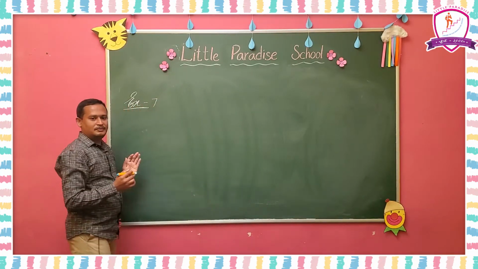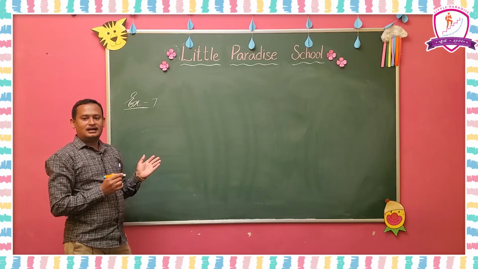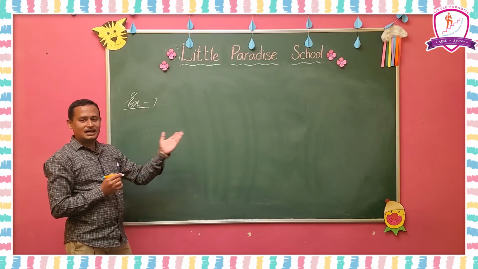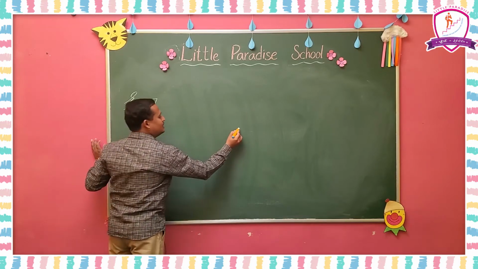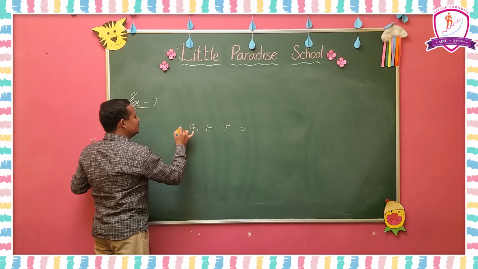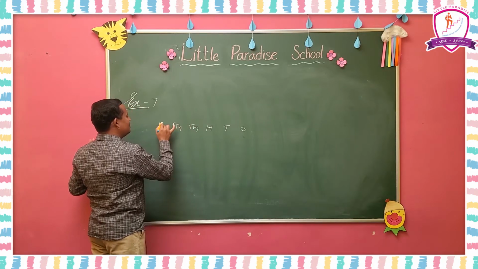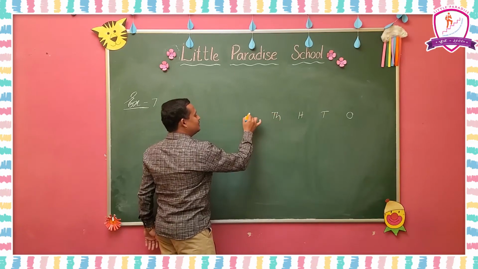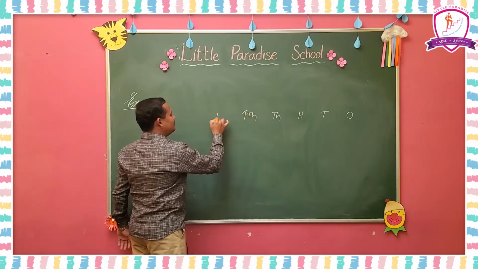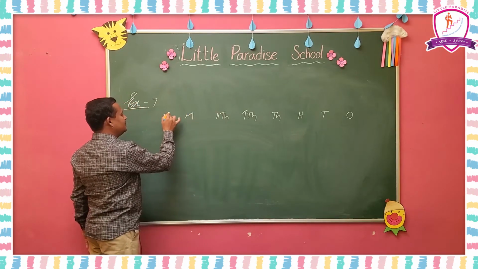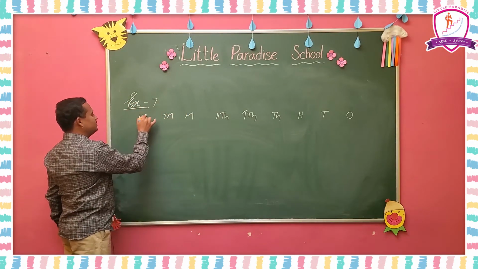What is the highest place here? 756 million. So up to hundreds of millions you have to write the places: ones, tens, hundreds, thousands, 10,000s, 100,000s, million, 10 million, 100 million.